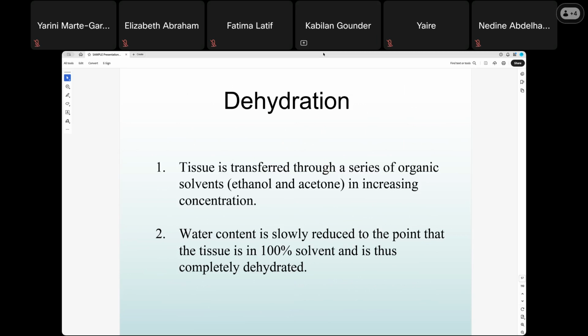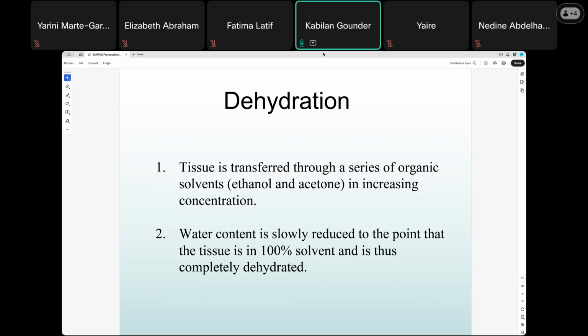If the sample has water content in the cells, when you go for further processing, that will interfere with the subsequent steps, because we use many solvents, reagents and other chemicals, so that you cannot properly process the samples.